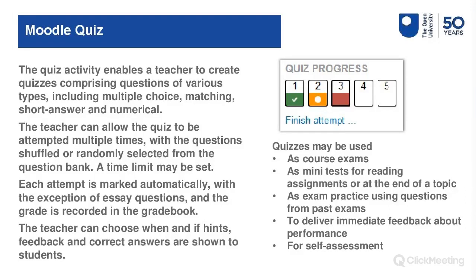And the teacher can allow the quiz to be attempted multiple times, and they can be shuffled or randomly selected from a question bank. And attempts can be marked automatically, with the exception of essay questions, as I mentioned before, and the grade is recorded in the grade book. And then you can also have hints and feedback, and when the correct answers are shown to students.